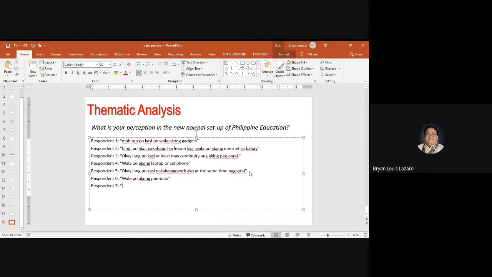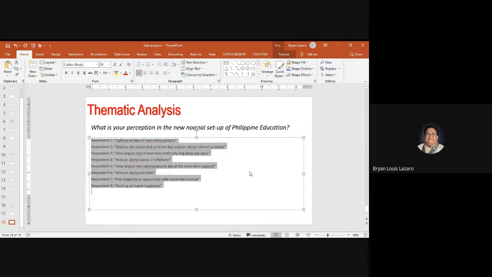Okay lang, mas maganda po ngayon kasi safer, since may virus pa. Mga ganyan. Respondent 8. Ano pa ba mga na? Ayan. Hindi na po hassle magbiyahe. Hindi ko alam kung ano yung sasagot niya.